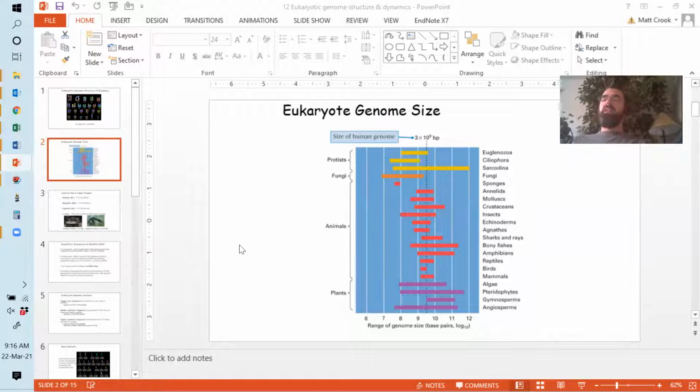So clearly there's no linear relationship between organismal complexity and the size of our genome. In fact, the wheat genome is the size that it is in part because it's the result of 2 hybridization events, right?